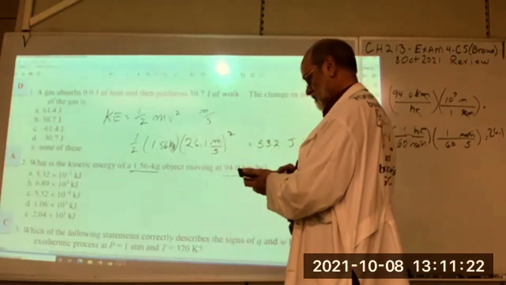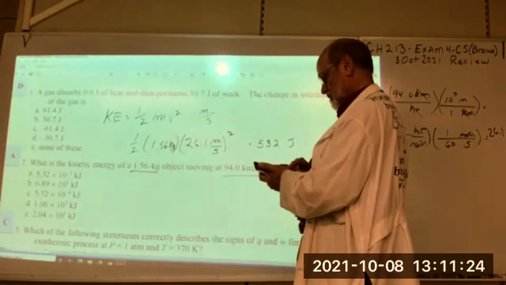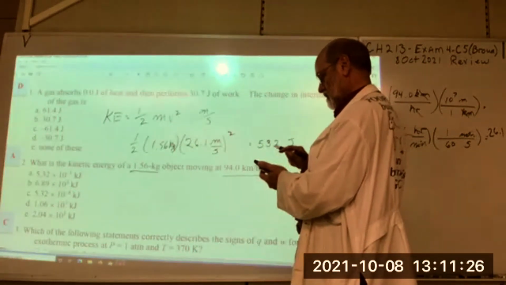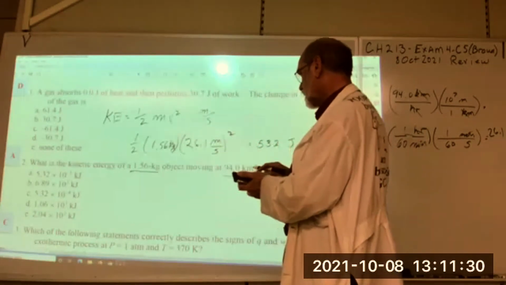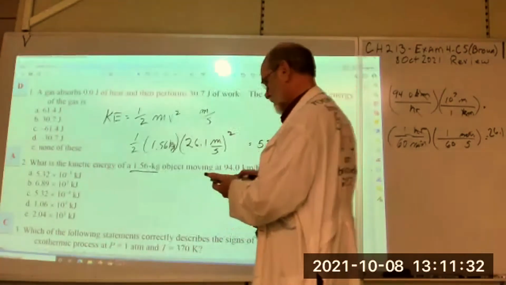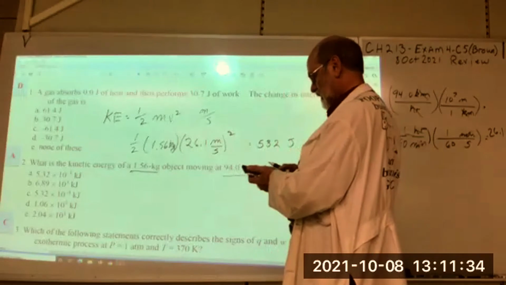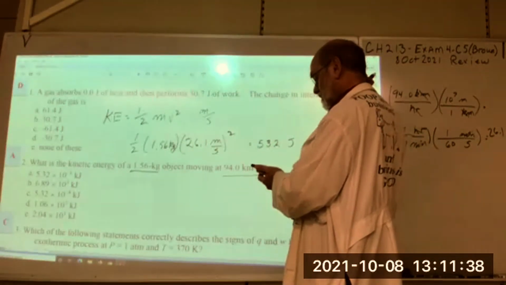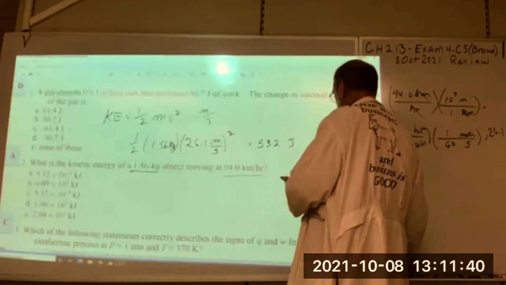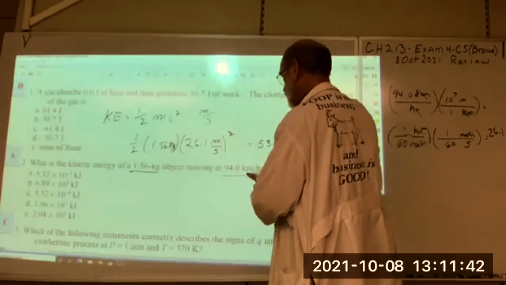Square that. Okay, and then times 1.56 kilograms, and divided by 2. Yeah, 531 joules.